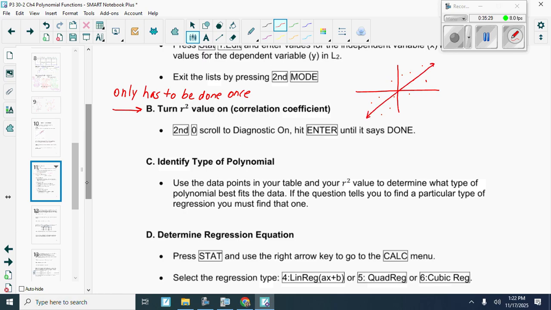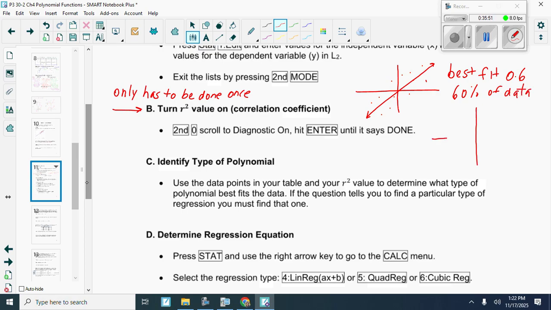I would probably say that maybe it hits 60% of the dots, like they're really widely spread out. So this would be a best fit of, let's say, 0.6. So 60% of the data would kind of follow this line.